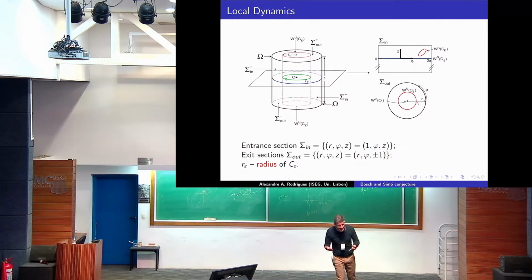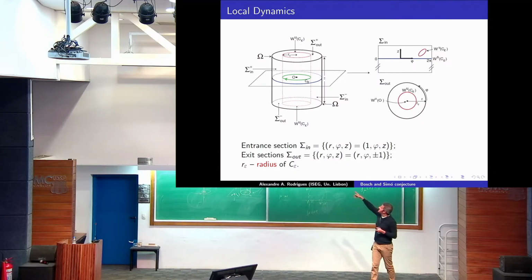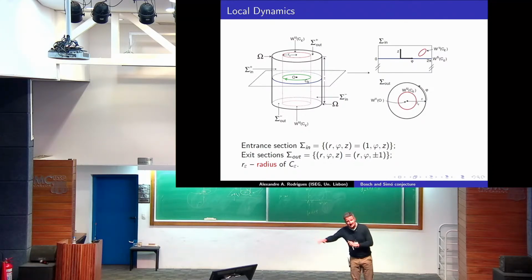So I know exactly the dynamics of the local map. R epsilon is the radius of the periodic solution, and the wall will be called the entrance section, and sigma out will be called the exit section. It's just 1 minute of technicality. I'm going to avoid these technicalities.